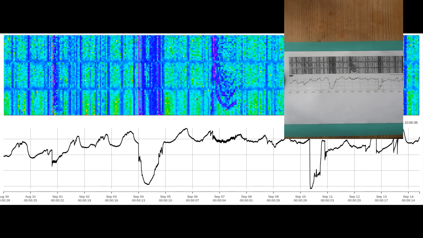Geomagnetic storms. Just briefly, what are they? Geomagnetic storms happen when the sun, for some reason, ejects a lot of mass, charged particles into space, and all that mass of charged particles travels to Earth and hits the Earth's magnetosphere.